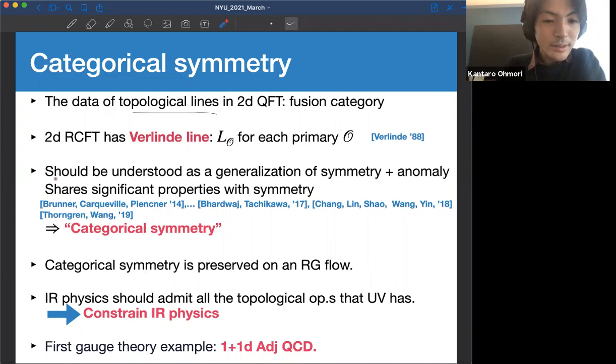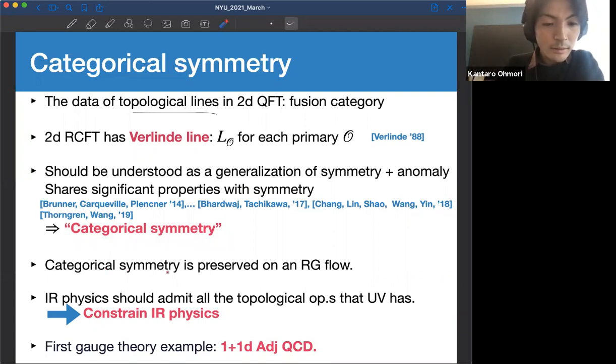But the recent perspective is that we should understand this fusion category as a generalization of symmetry combined with its quantum anomaly. That's because it shares significant properties with symmetry, and here I call such fusion symmetry described by a fusion category a categorical symmetry.